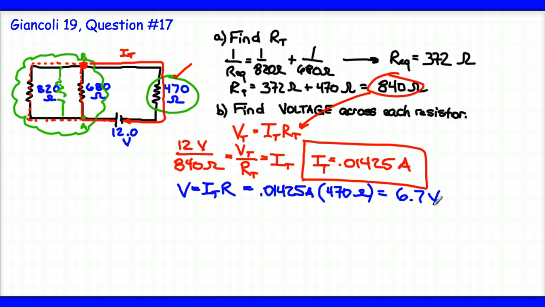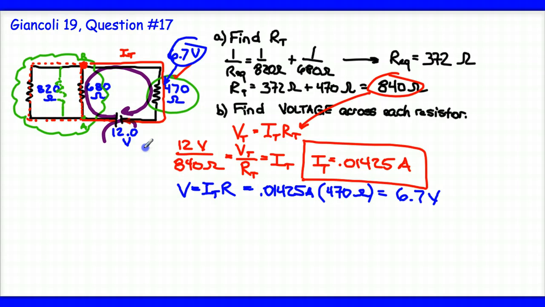So now I know that there are 6.7 volts dropped across this resistor right here, and via the law of loops, which I'll do with this purple line, I can see that I've got one loop right here. And in that loop, the sum of the voltages lost and gained needs to be 0.